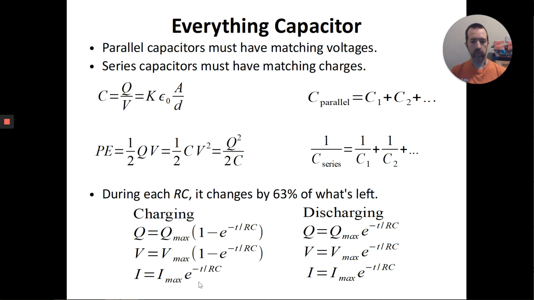It has to go to 0. But the other two can either grow or decay. And the meaning of that RC, the time constant, is that during each time constant, the quantity will change by 63% of whatever is left in the process.